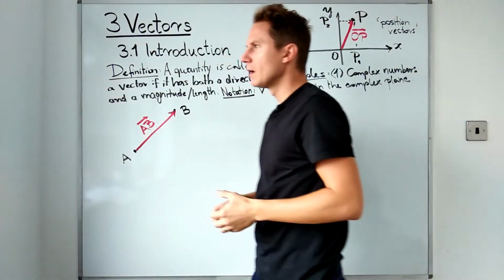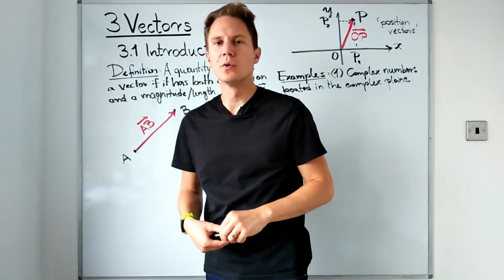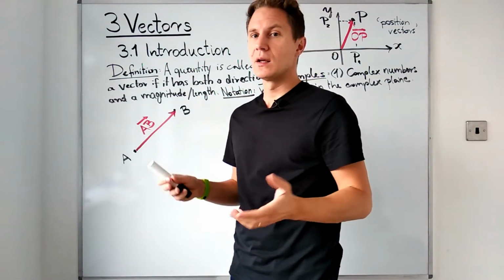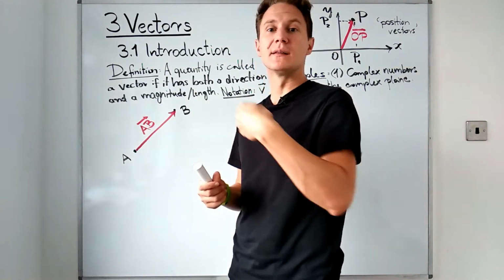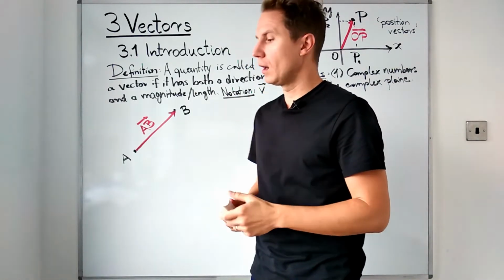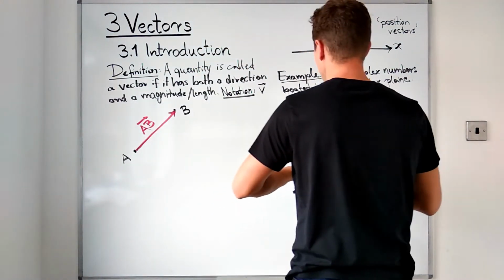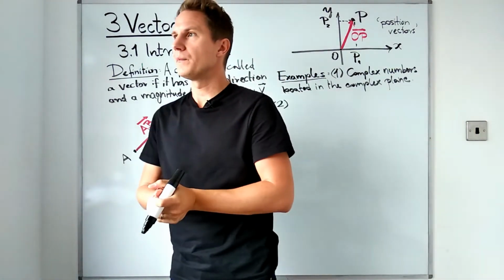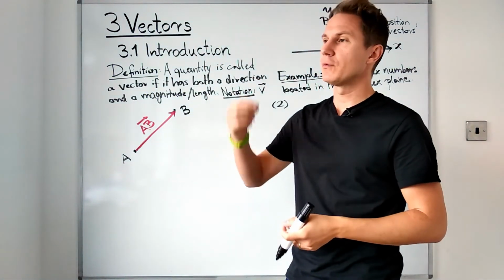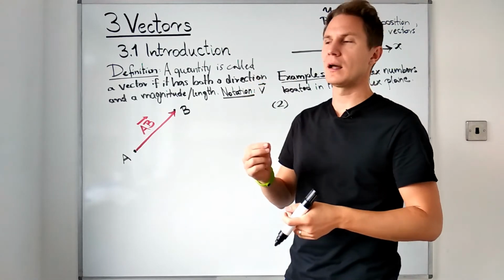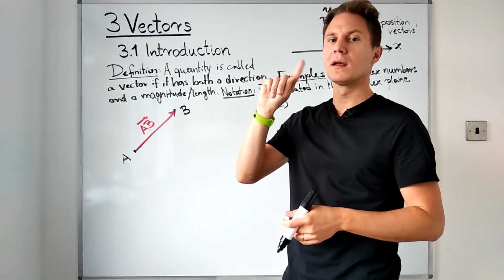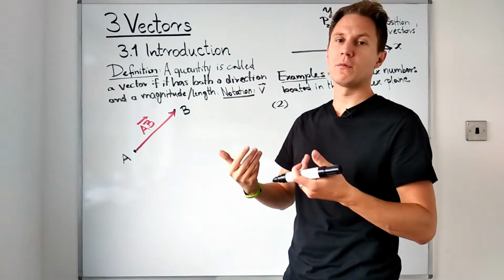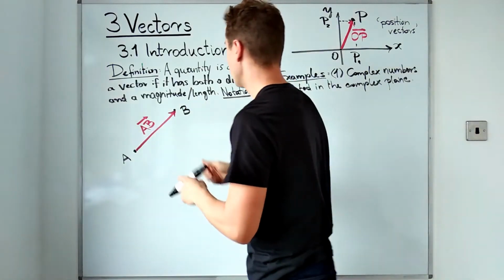But there is another way to use vectors, and that is, for each point in a plane or in space, to assign a velocity to that point. So think of a wind map, for example. You've all seen in your weather forecasts the map of a country, and for each place in that country, there might be a little arrow pointing in the direction in which the wind is blowing, and there might be a number specifying the wind speed. That would be the magnitude of our vector.